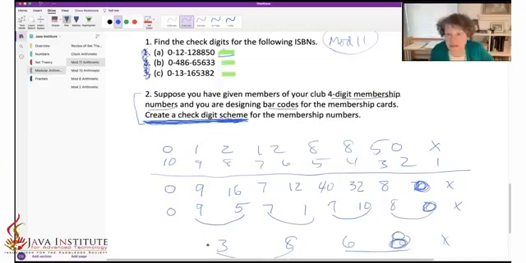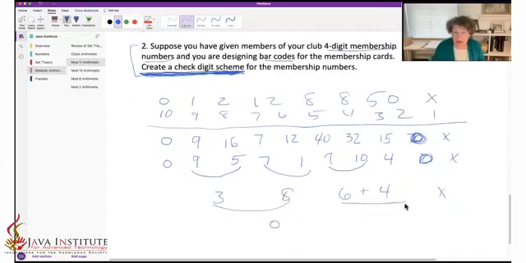Okay. 5 times 3 is 15. Oh my God. Five times 3 is 15. So that's 4. Okay, phew. Now I think I've got it.